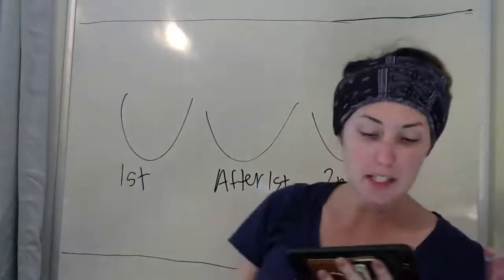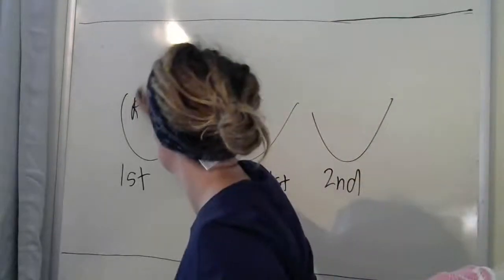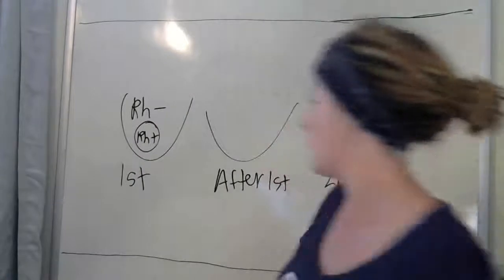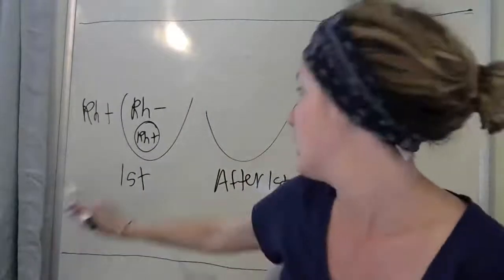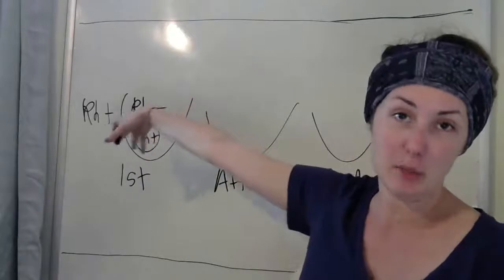So in your first pregnancy, you have an Rh negative mother. And then here's the baby, and this baby's going to be Rh positive. If the father is Rh positive and the mother is Rh negative, this baby's Rh positive, and everything's chill with this first baby. Everything's fine.